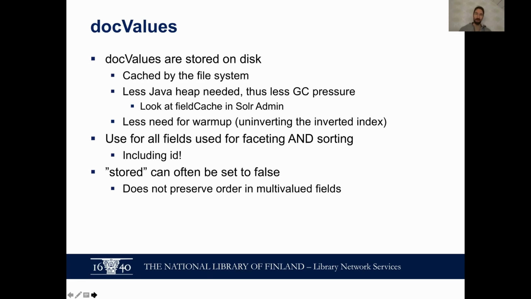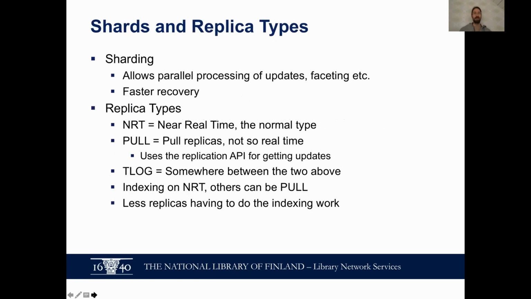A couple of other things are sharding and using different replica types. When the index gets larger, if you look at the Solr user list, sharding is one thing that comes up quite soon. Sharding means that you split the index into multiple smaller parts.